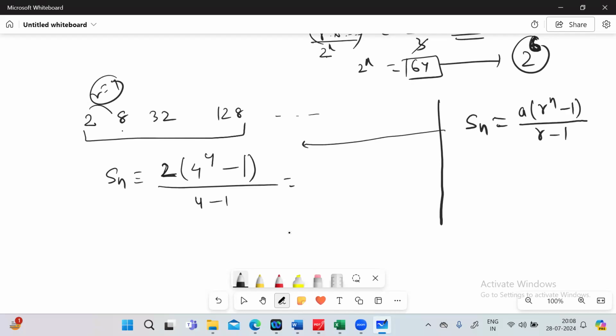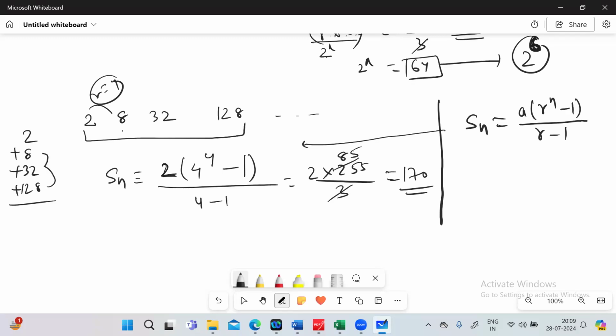Okay. So what I'll get here is 2 into 4 to the power 4, which is 16 into 16, 256, minus 1 is 255, divided by 3. And if I divide it, 85, the sum I'll be getting as 170. And I can just check that. What will be the sum here? 2 plus 8 plus 32 plus 128. I can keep on adding this and I'll get 170.